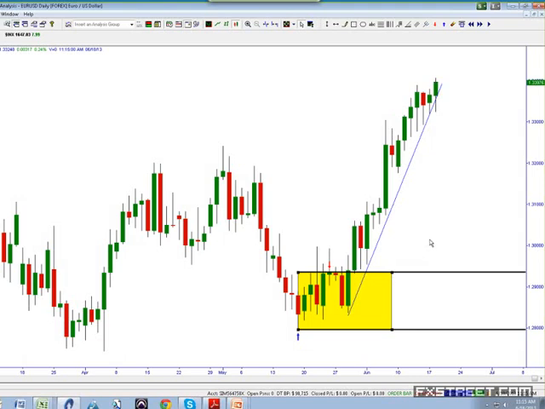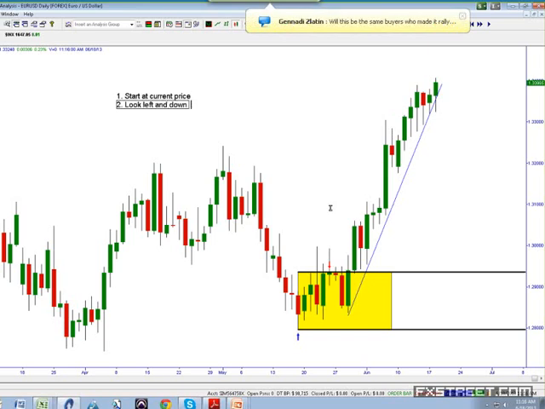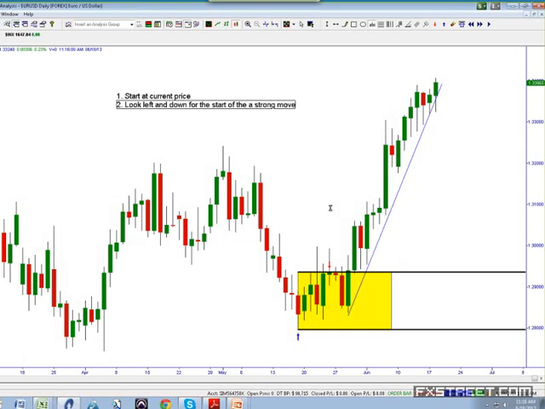Should prices return to that area, somewhere in that zone is where I would expect them to reverse and move upwards. So key things I'm focusing on here. Number one, start at current price. Number two, look left and down for the start of a strong move.